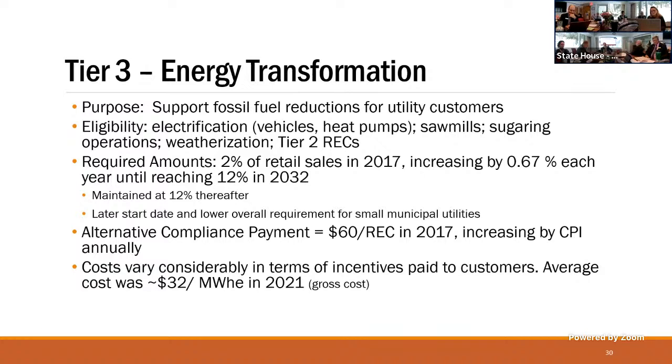Right now it's not allowed to go from tier 3 and use that to comply with tier 2 or tier 1. I think tier 1 and tier 2 are really around the power supply portfolio. So, for instance, let's take it to an extreme.